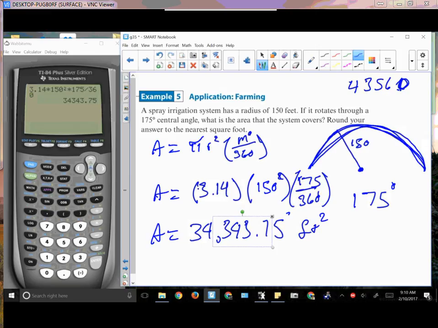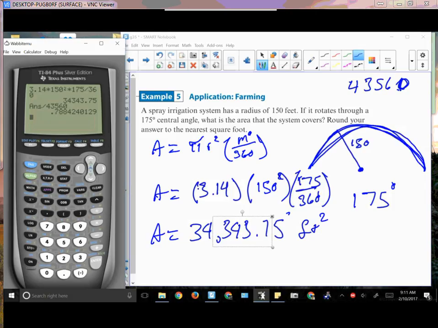So that means that if I go and take this and divide it by 43,560, I either get too many or too few. That means that I've got probably roughly 1 acre. Yes, sir. I messed up. Well, I got the other calculation right.